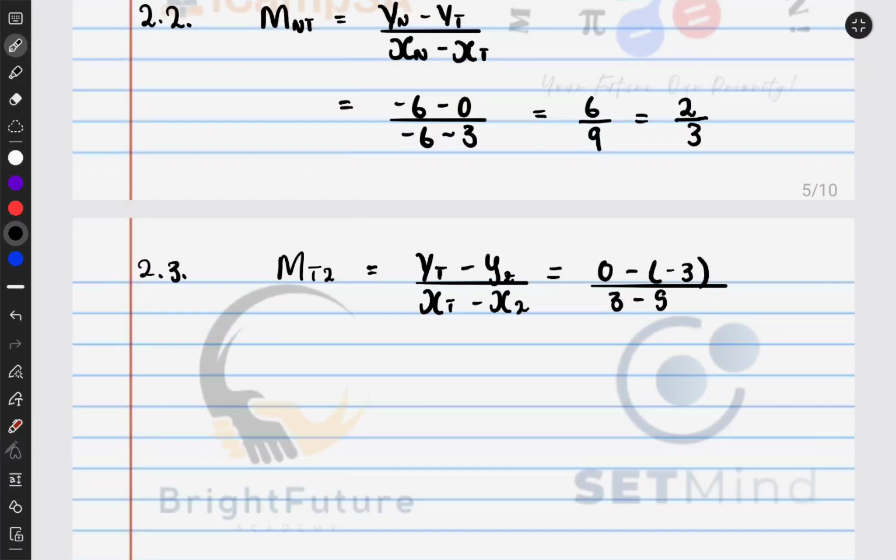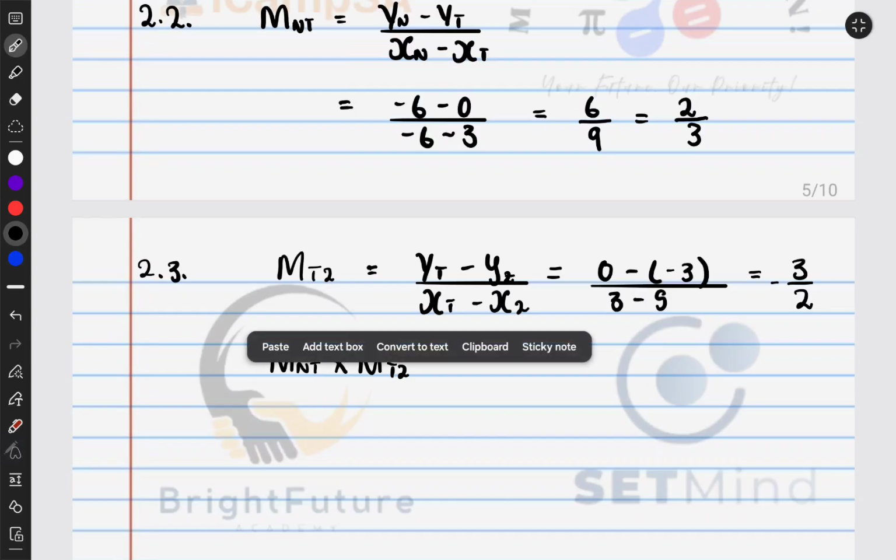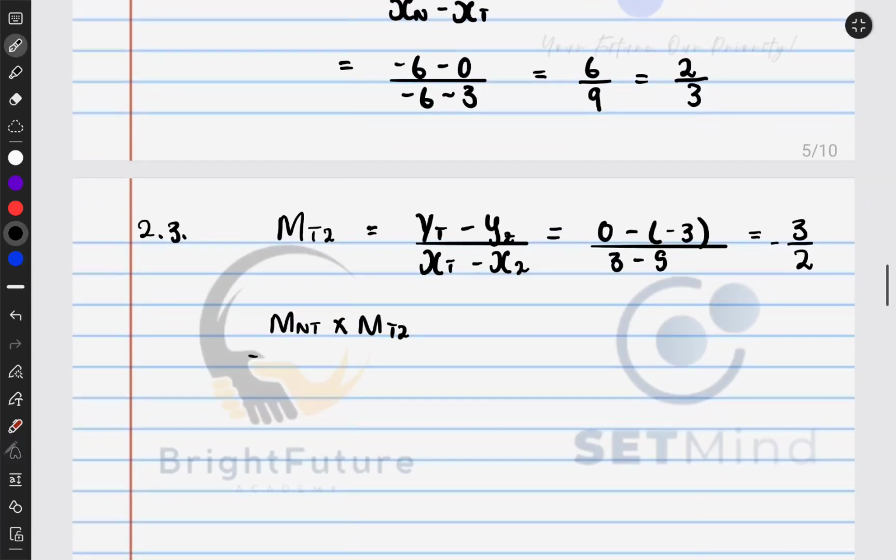Okay, so here we're going to have a negative and a negative, giving a positive 3, over 3 minus 5, which is -2, so we're going to have negative 3 over 2. That would be the gradient of TZ. Then let's calculate the gradient of NT multiplied by the gradient of TZ, to see if it is equal to -1.